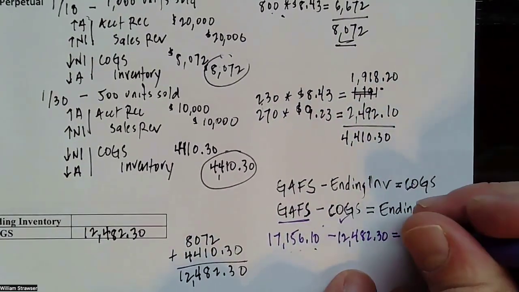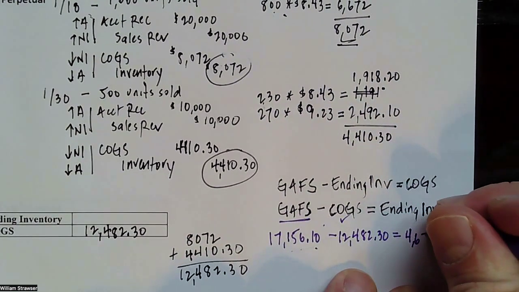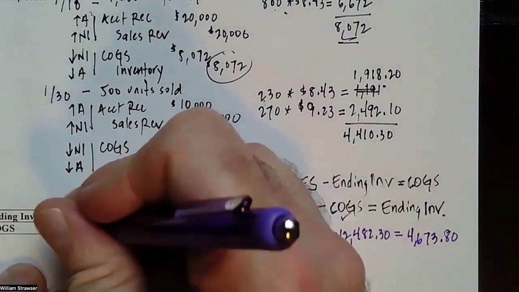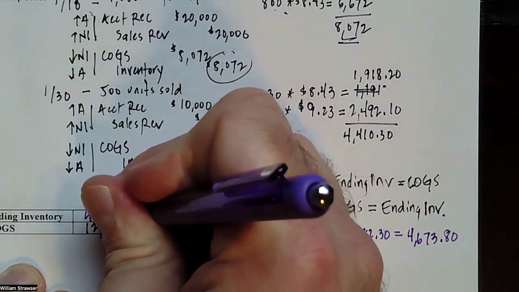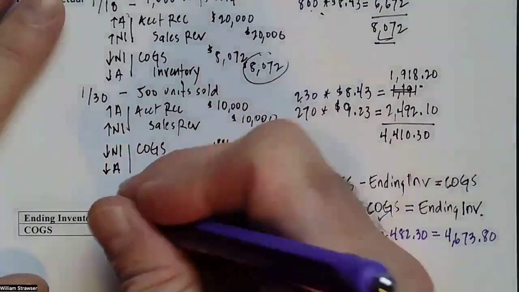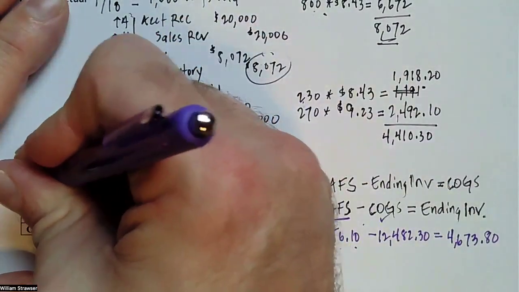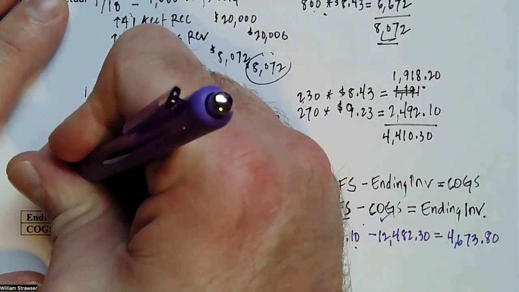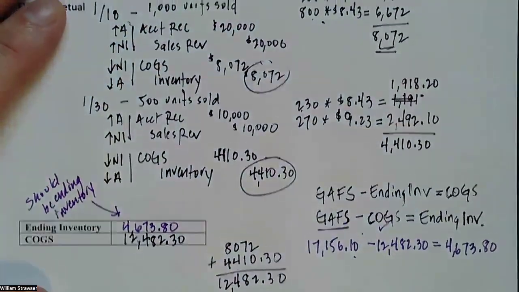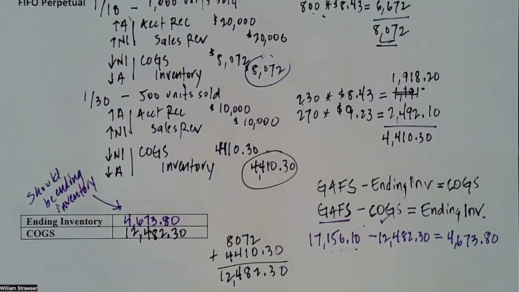And in this case, it would become $4,673.80. But remember, this is my ending inventory based on the purchases and sales that I recorded. It's not based on the actual count of goods.